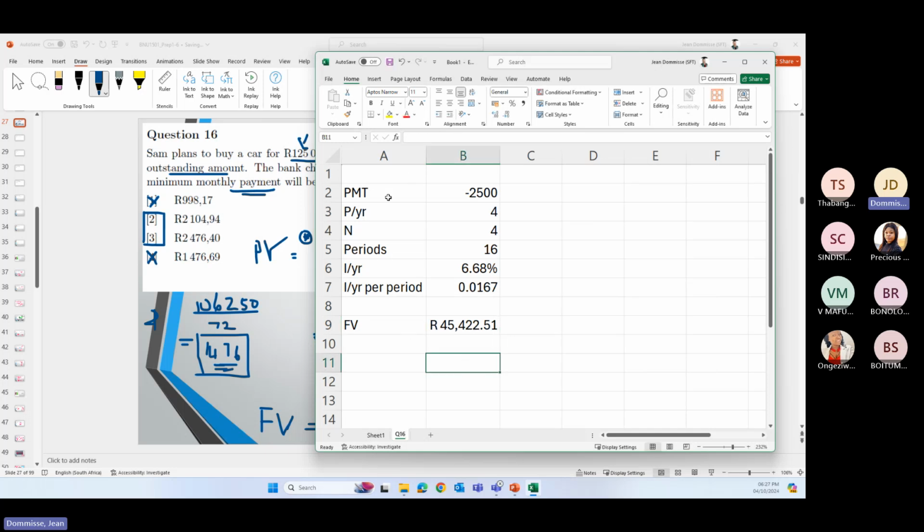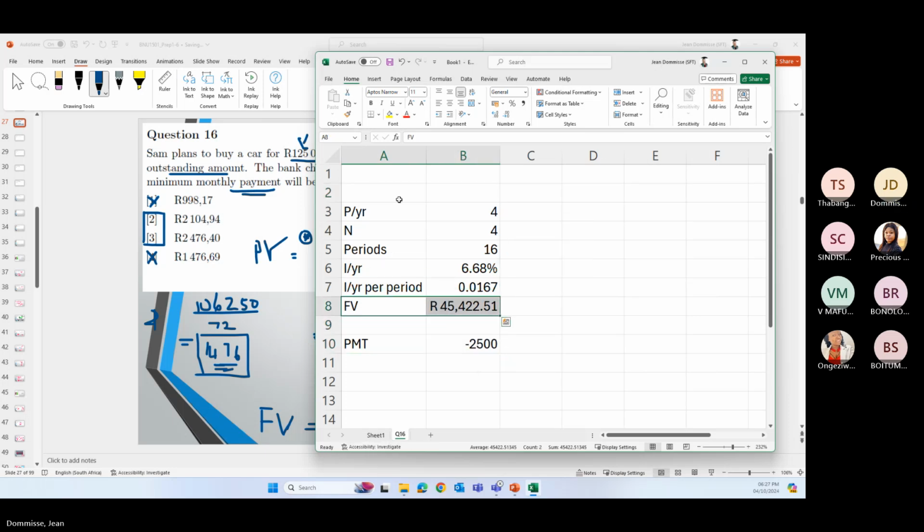Now we're going to work out that value. So let me just move that to that side, and let's put in present value. I will share this with you guys. So present value is minus 106250.